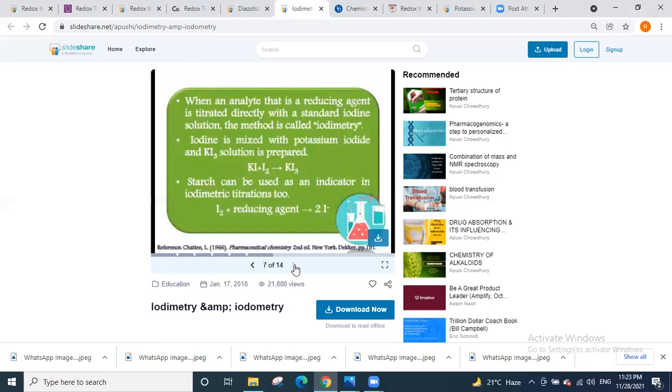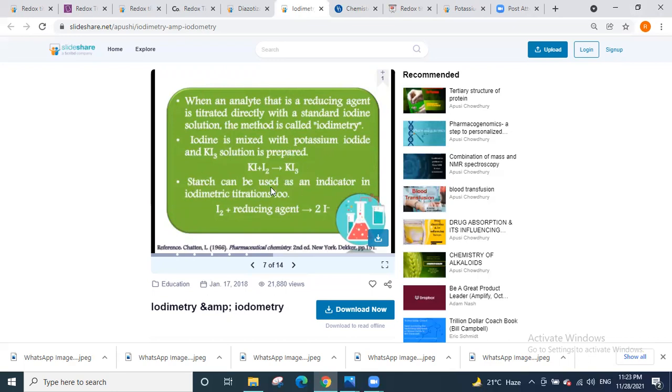And then there is the simple iodimetry, in which iodine is directly used. But one very important thing here: iodine is not easily soluble in water. So with the help of potassium iodide, we convert it into triiodide, and this triiodide behaves like iodine.